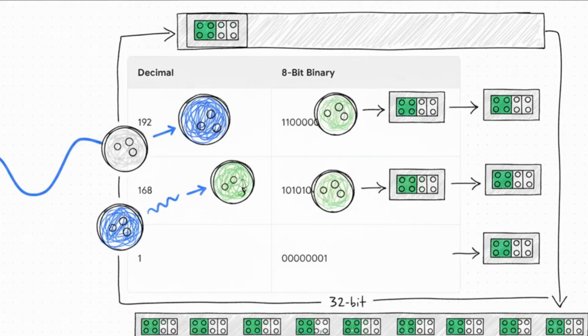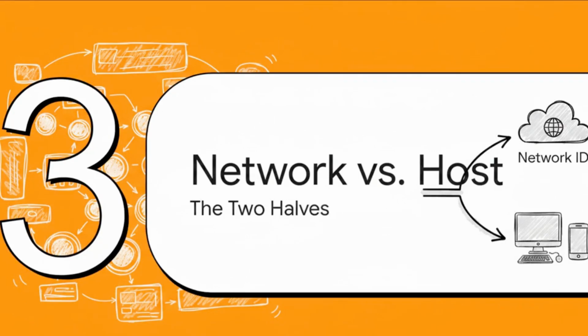And here's the whole picture laid out for us. You can see how each of those decimal numbers from our example address, the 192, the 168, and the 1, each one corresponds to its own unique 8-bit binary pattern. When you string all 4 of those binary patterns together, that's when you get the full, continuous 32-bit number that the network actually understands.